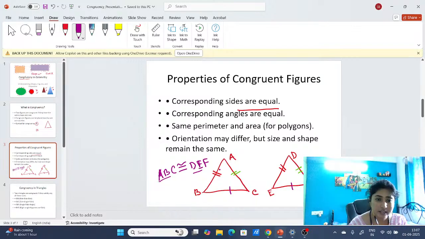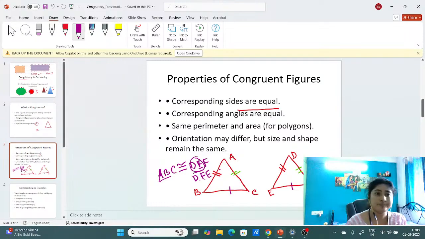Here if I am writing AB, I have to write DE. I cannot write DFE. I cannot change the order of D and E or E and F. If I am writing DFE, then I cannot call them congruent, because my AB side is equal to DE side. So the order is very important.